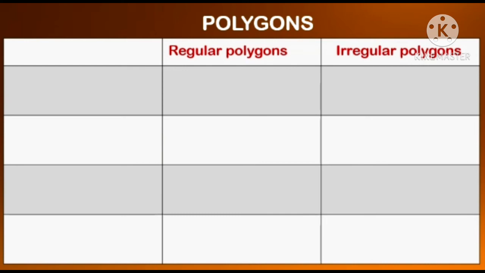Then let us see some examples for regular and irregular polygons. First is, what is a three-sided polygon? We know it's a triangle. Then which type of triangle is a regular three-sided polygon? Yes, the equilateral triangle.